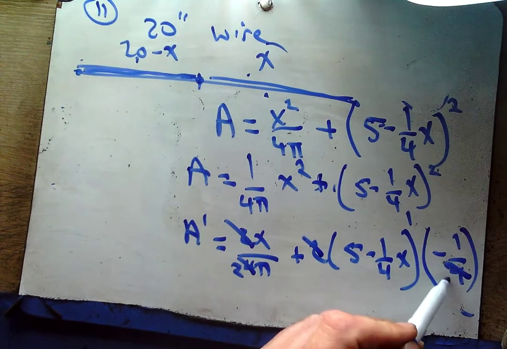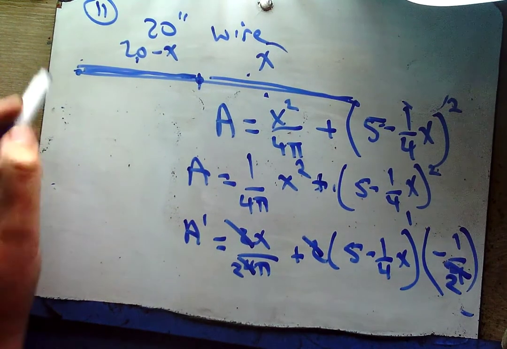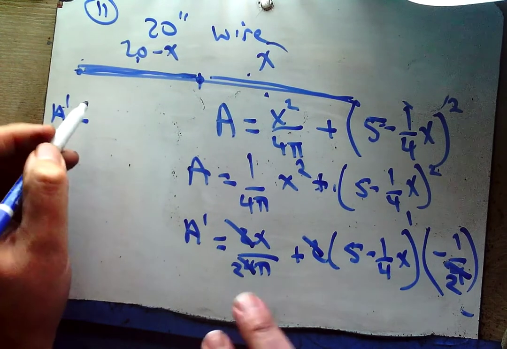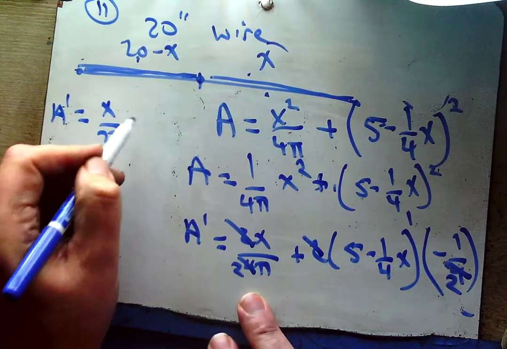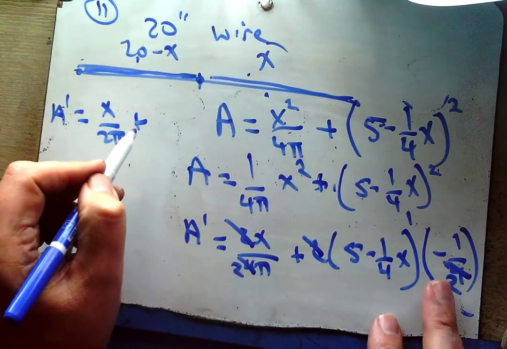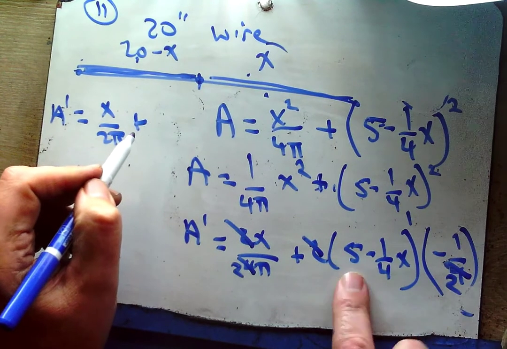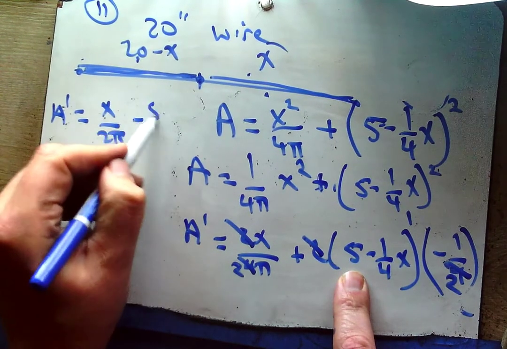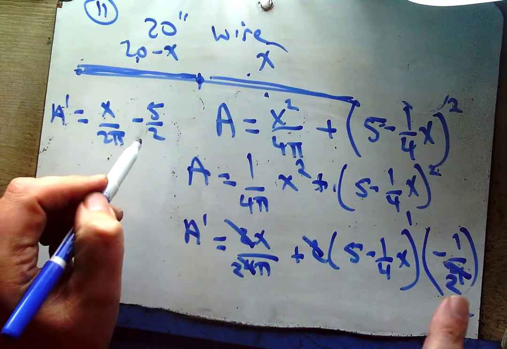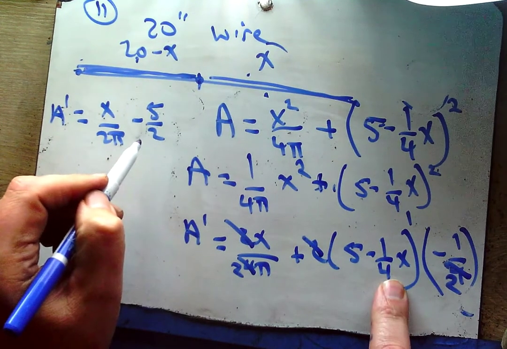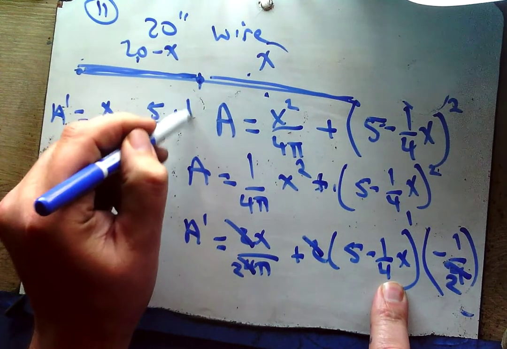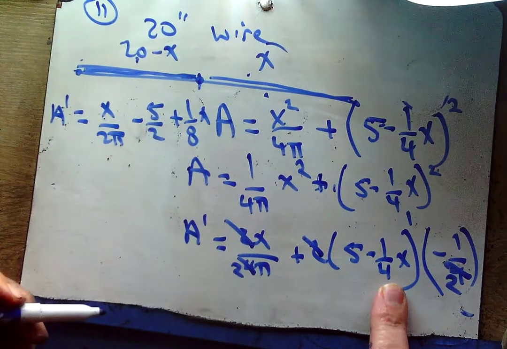So A prime is going to be x over 2 pi plus minus 1/2 times 5 is minus 5 halves, and minus 1/2 times minus 1/4 is plus 1/8 x.